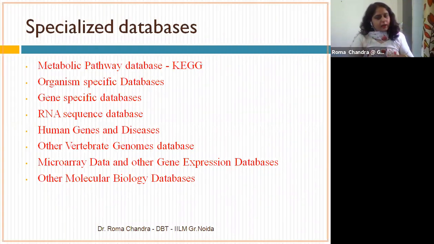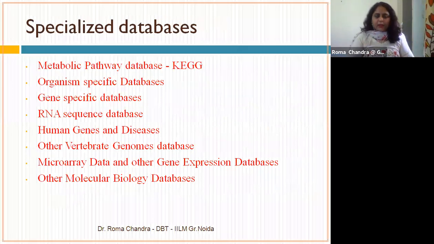I'll move ahead after completing my PPT. In the practical session, I'll show you these databases, how to go through the text file format as well as the FASTA file format, and how to retrieve them.